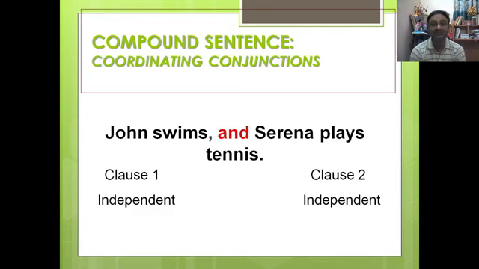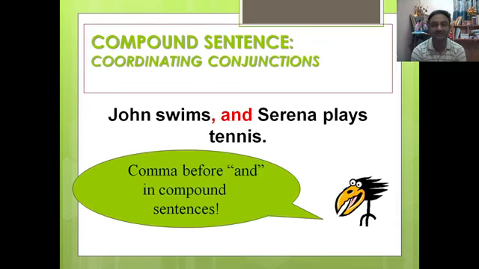So a compound sentence stands in this manner: John swims, comma, and Serena plays tennis. So two clauses, both are independent. John swims and Serena plays tennis. Both the clauses are independent in nature.